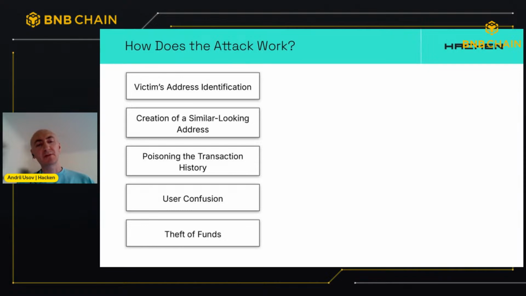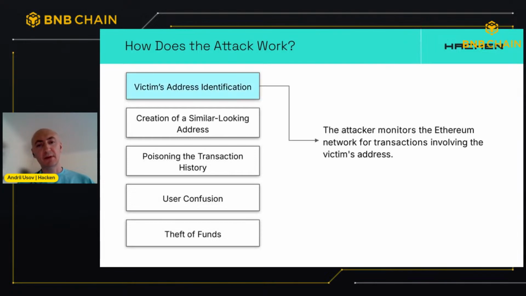To understand how it works, there are five steps. In the first step, the phisher finds the victim, monitoring all transactions through the Ethereum network.